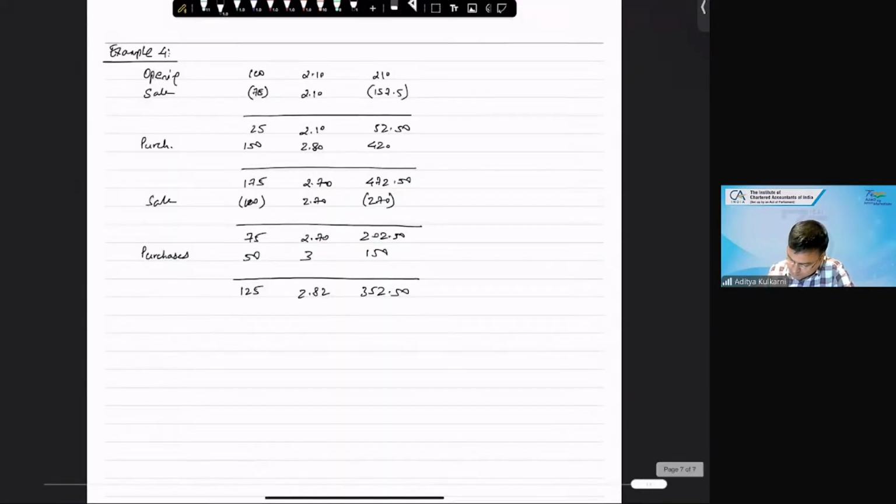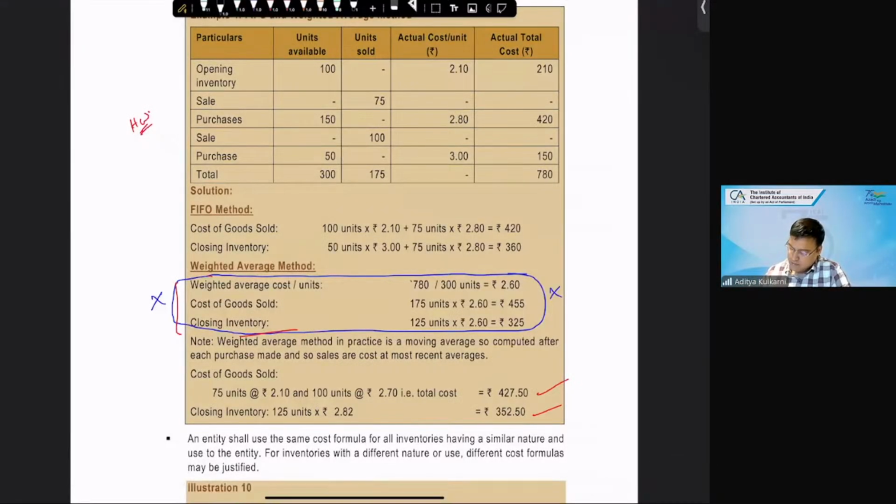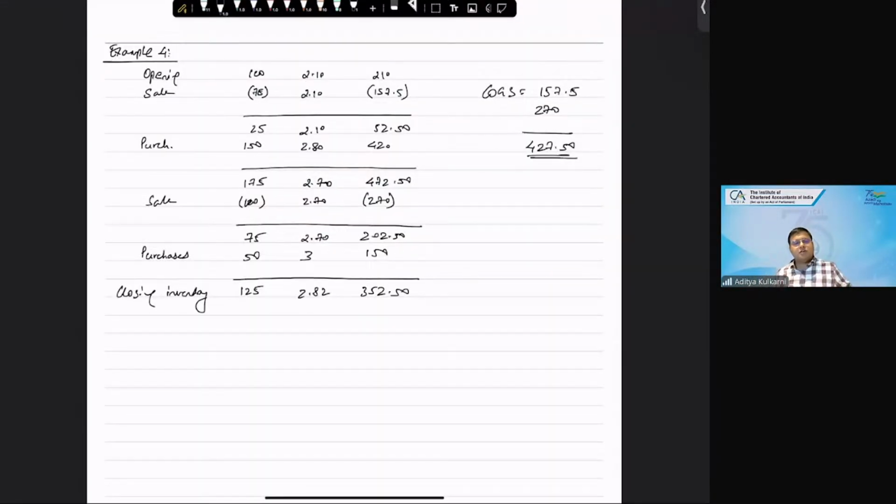Closing inventory: 125, 2.82, 352.5. COGS is equal to 157.5 plus 270, so 4.5. Yes, you can just take a screenshot of this.